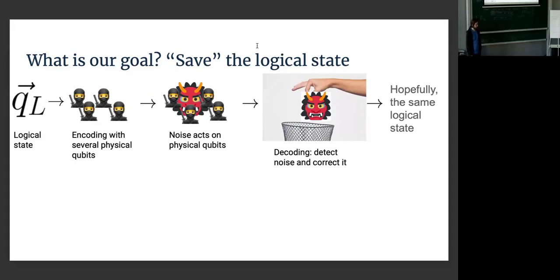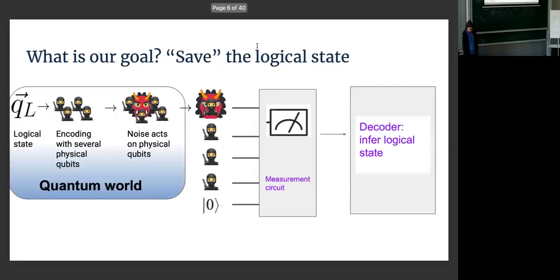Similar to classical error correction, we have a state that we would like to protect from the noise of the environment. For this, we need some redundancy, which introduces several physical qubits. Then noise acts, and we need to make some readout of information, and use this information to decode and see if it was correct or not.